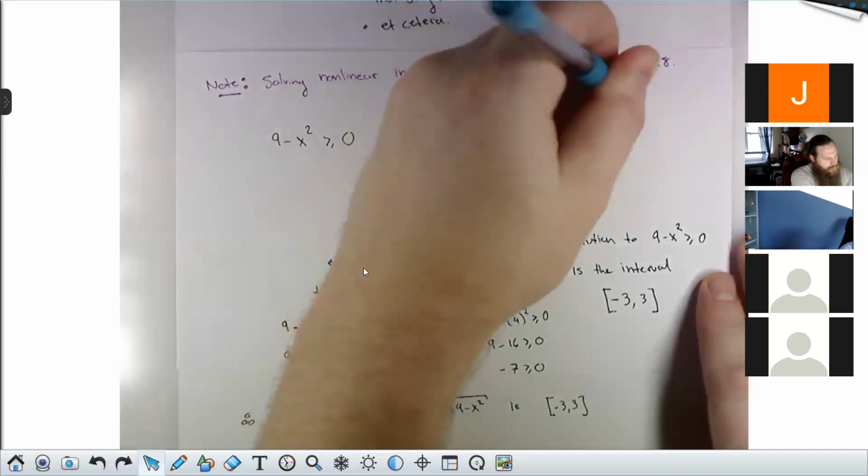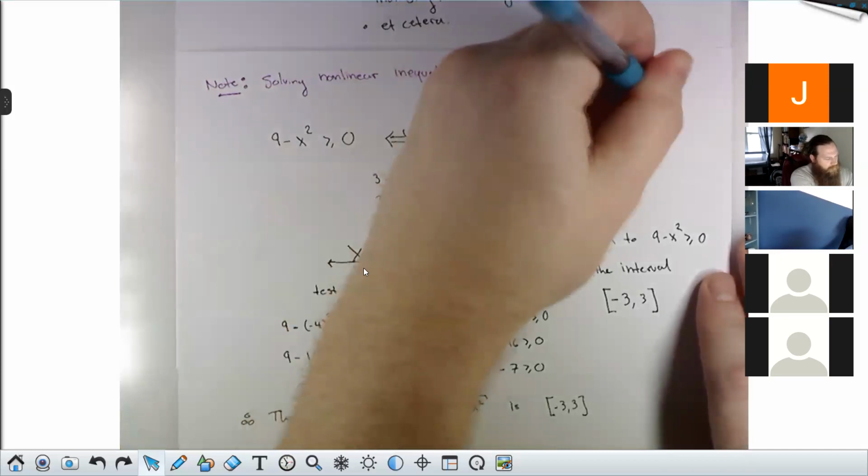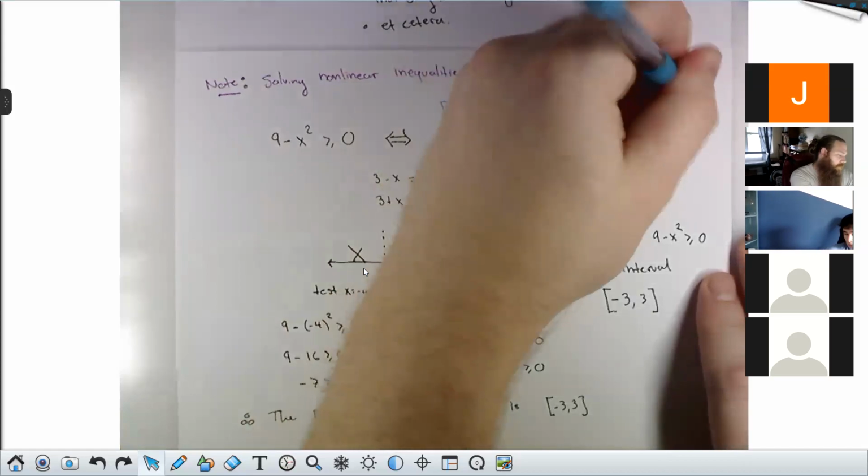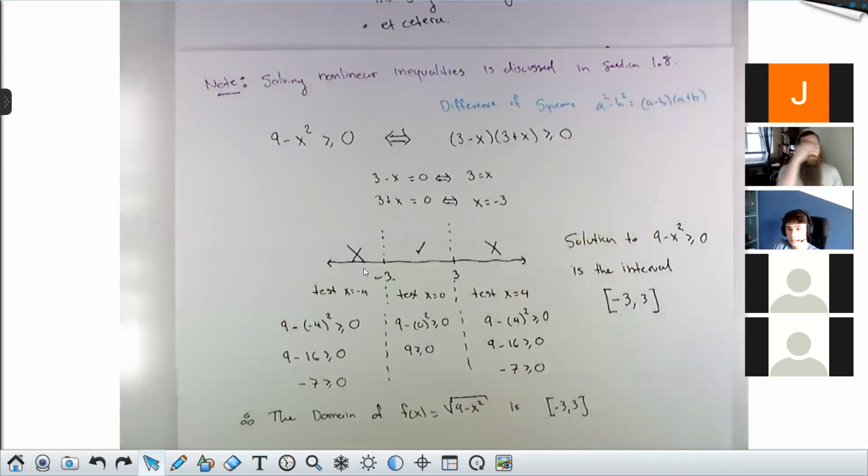A squared minus b squared can always be factored as a minus b times a plus b. So 9 minus x squared is a difference of squares. That's 3 squared minus x squared. So I can factor that using this difference of squares rule.